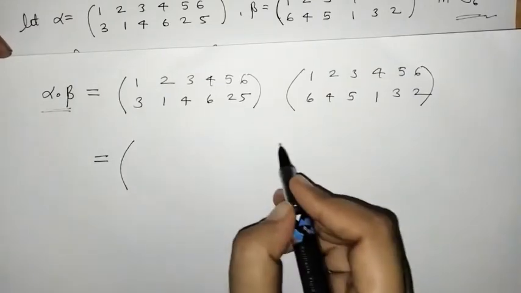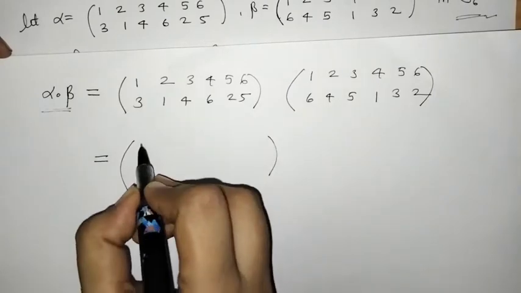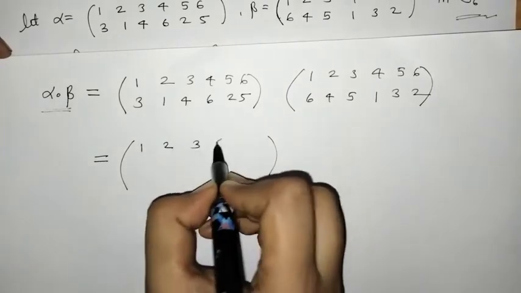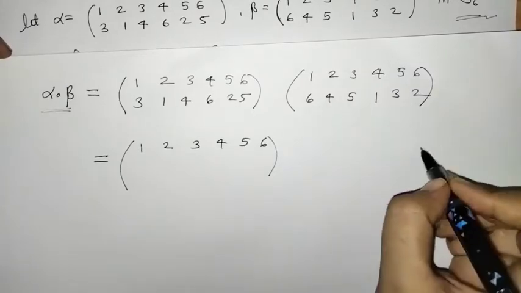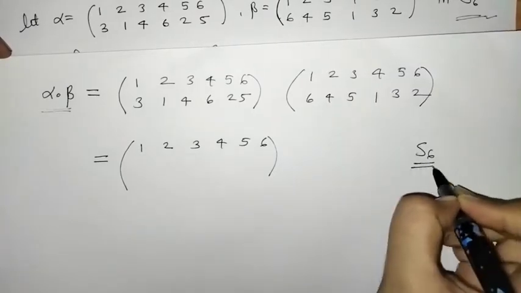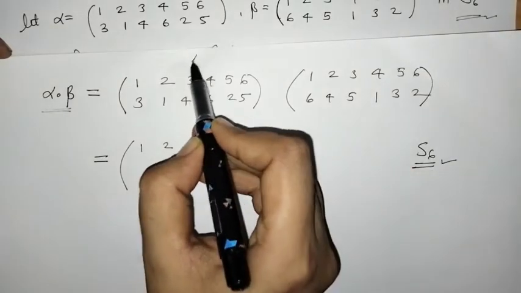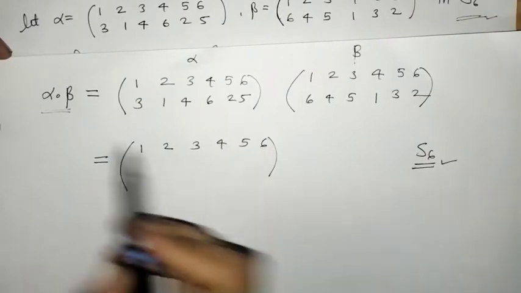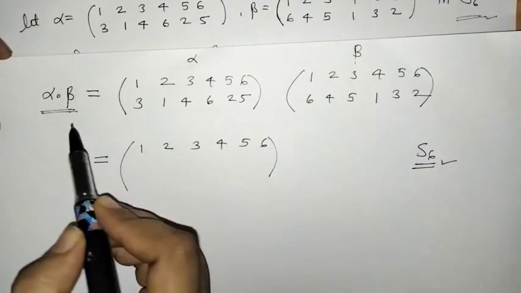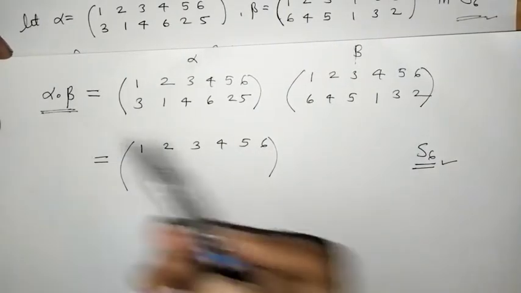So first we write down in the first row these elements 1, 2, 3, 4, 5, 6, since these two permutations are defined in S6. Here we write down alpha, and the next permutation is beta. Now this is a composition of two permutations alpha beta.